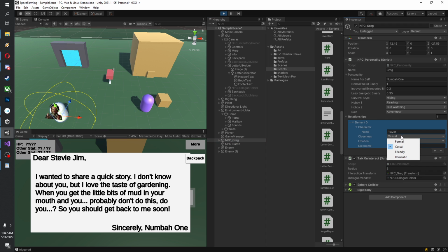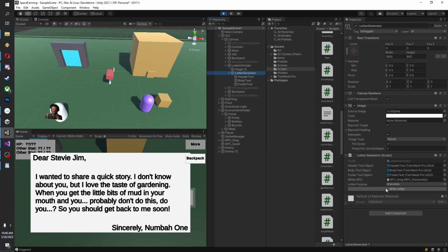You'll also see that the closeness and the emotions are here as well as the different hobbies and various other data on the NPC, all of which is used to feed into one form of the system or other, some of which will determine other aspects of the character beyond the letter writing system. But all of it is used to build out the personality of the NPC itself.